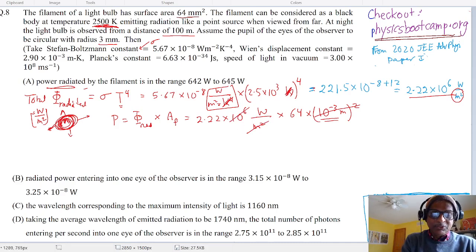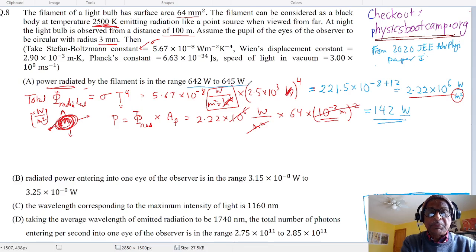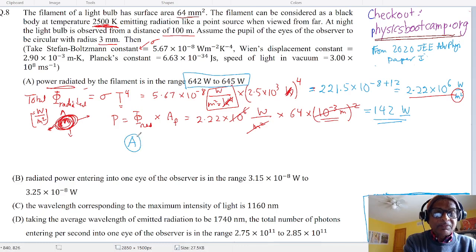I just need to do another calculation quickly. Okay, the calculator gives me 142 watts, and it's supposed to be between this and this if this answer is correct. So A is not correct. Okay, we can use these values maybe later.